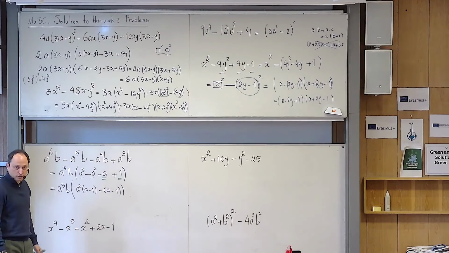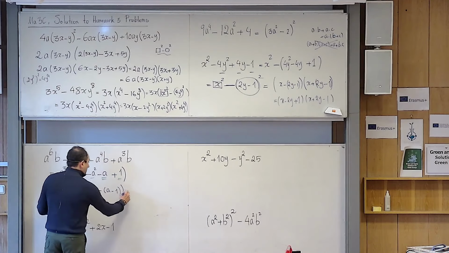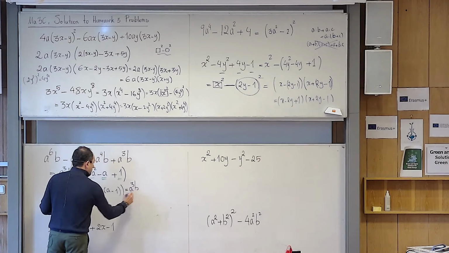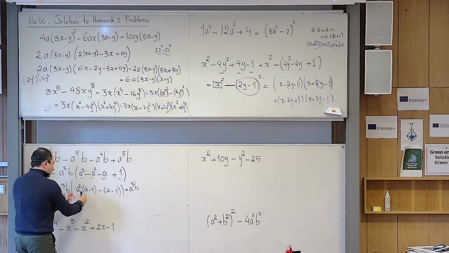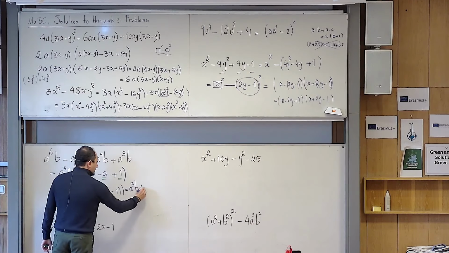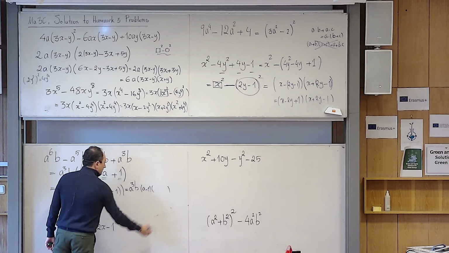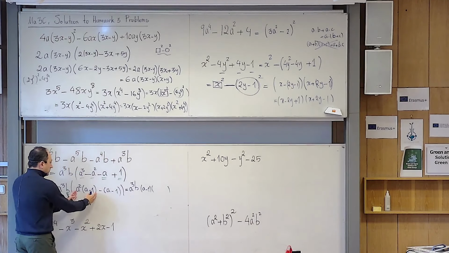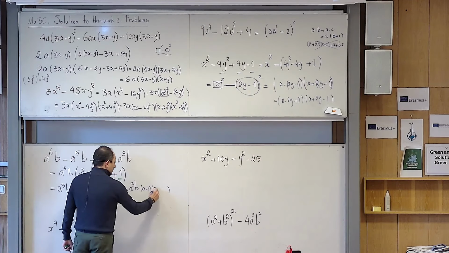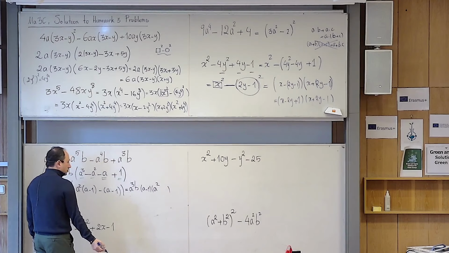I can pull it out again. So what happens? A cubed b is already there. A minus 1 I also pull out. Okay, can you tell me what is left here now? A minus 1 of this one is gone. What is left? A squared. Okay, tell me what should I write? Say something?